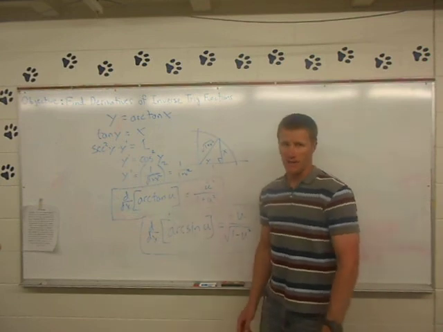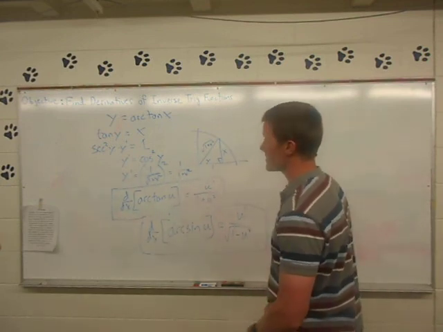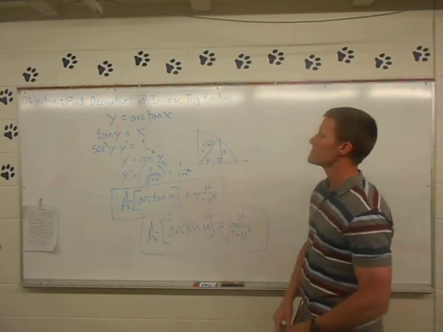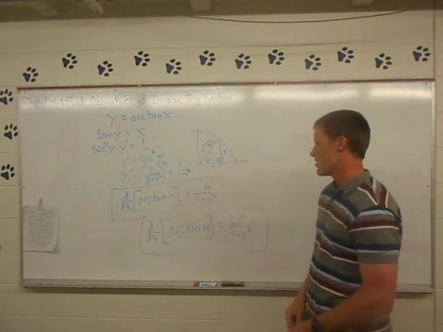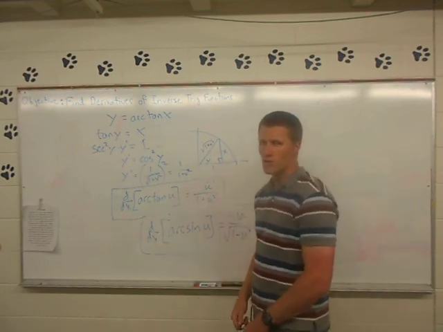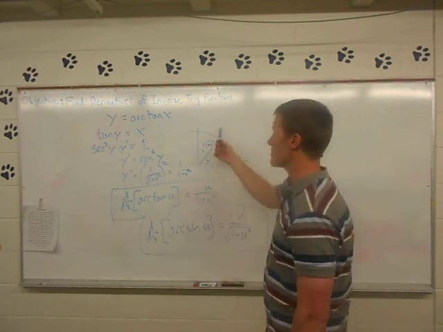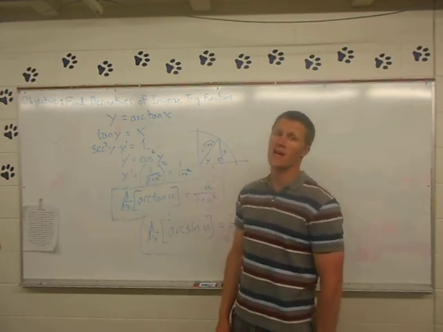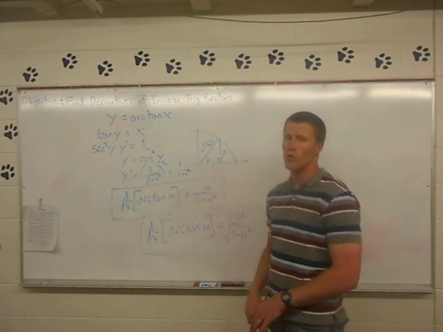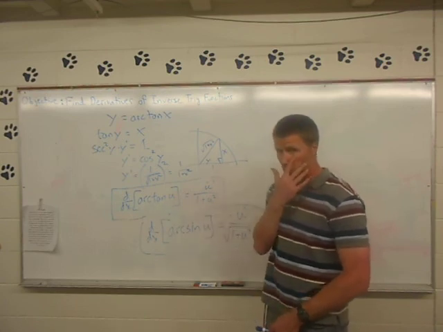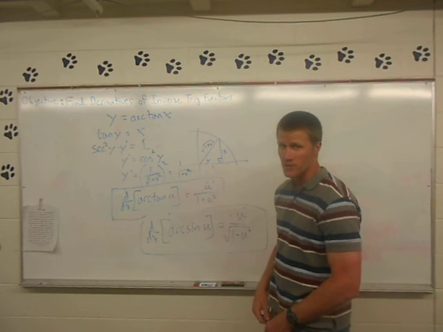A little unexpected, but that is it. So hopefully now you will be able to find derivatives of inverse trig functions. What you want to do is look at a section in the book or Google derivatives of inverse trig functions, and you'll come up with the other 4. Or a good exercise would be prove those other 4 on your own. See if you can come up with those formulas and then check them with some sort of resource.